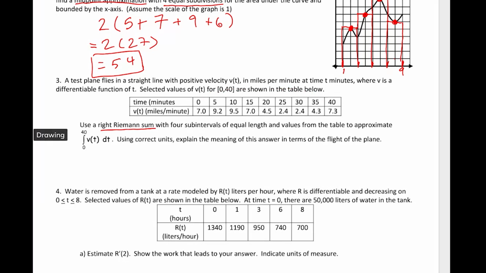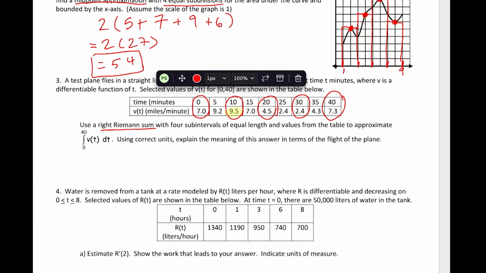So basically, our partitions are going to be at 0, at 10, at 20, at 30, and 40. And the heights we're going to be using are going to be the right-hand endpoints. So for the first rectangle, we're going to use 9.5. For the second rectangle, we're going to use 4.5.